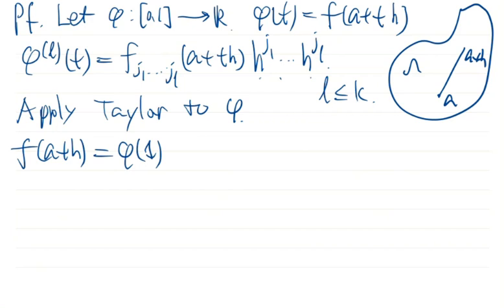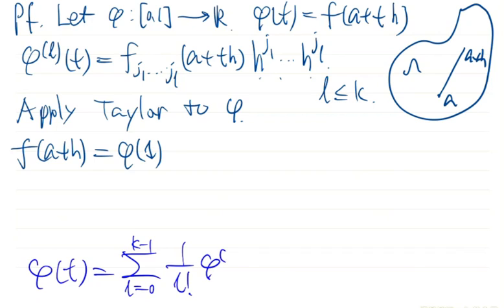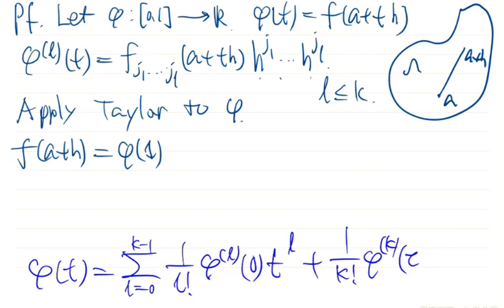So the single variable Taylor expansion: phi t is the sum from l equals 0 to k minus 1 of phi l 0 t to the power l, then phi k tau t to the power k. This is the single variable Taylor expansion.